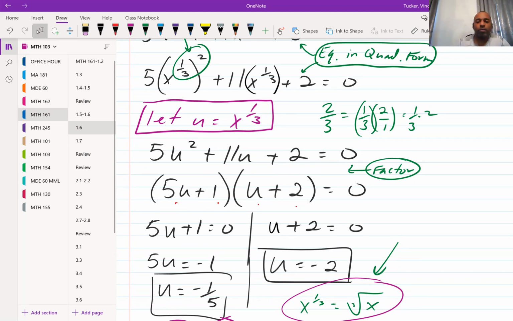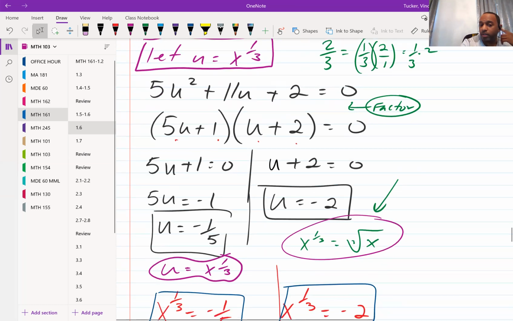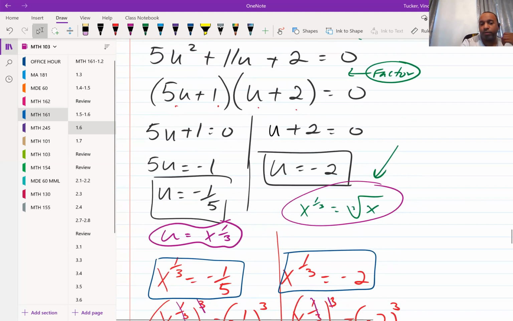You have U equal to -1/5, U equal to -2. Then put your x to the 1/3 back into your equation.